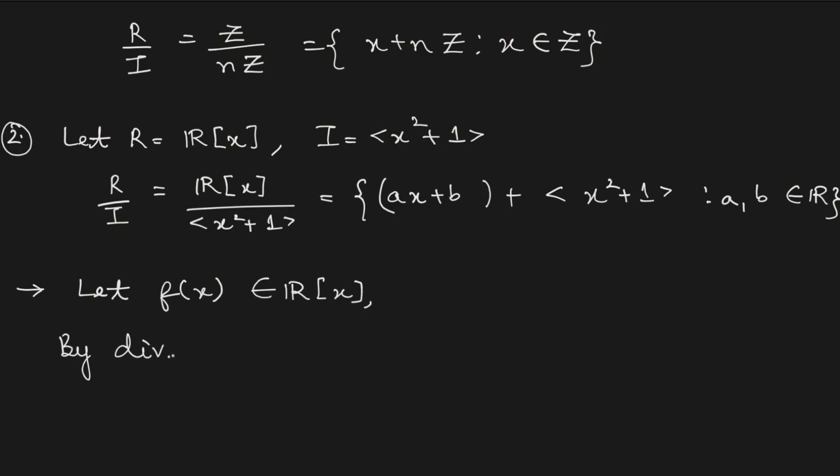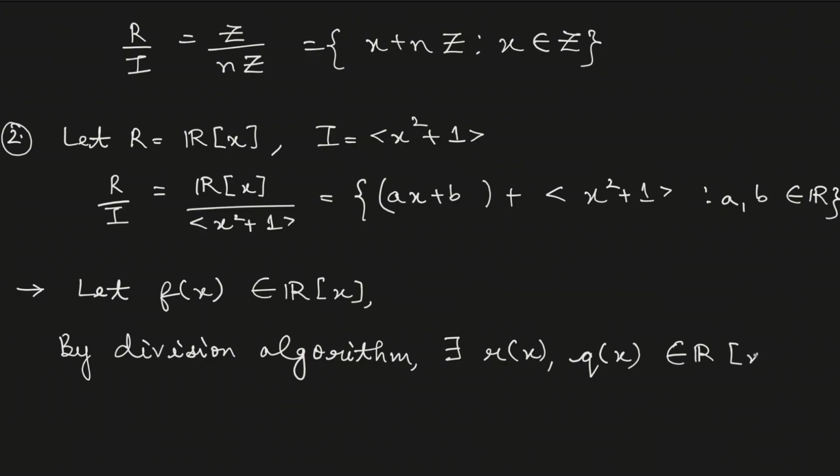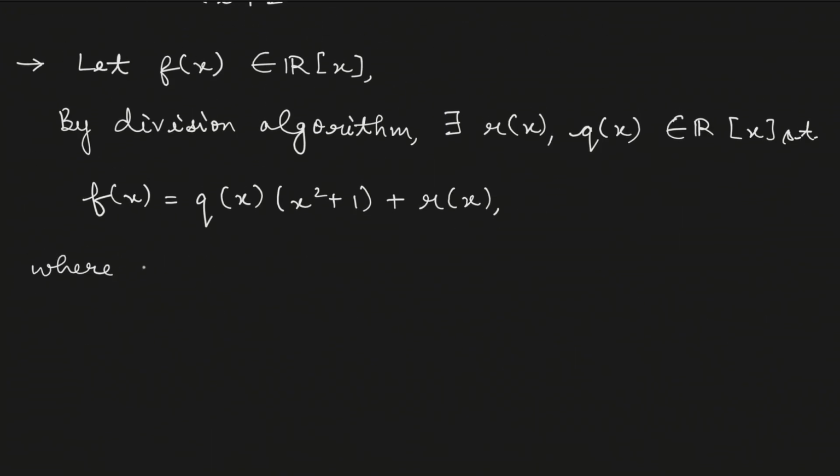Now by the division algorithm, there exist r(x) and q(x) in the polynomial ring R[x] such that f(x) is equal to q(x) times x squared plus 1, plus r(x), where either r(x) is 0 or the degree of r(x) is less than 2.